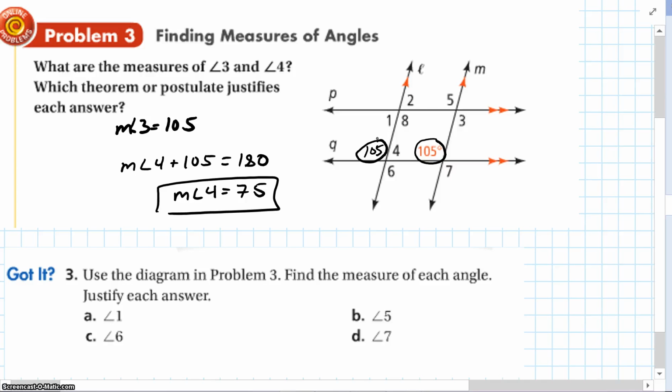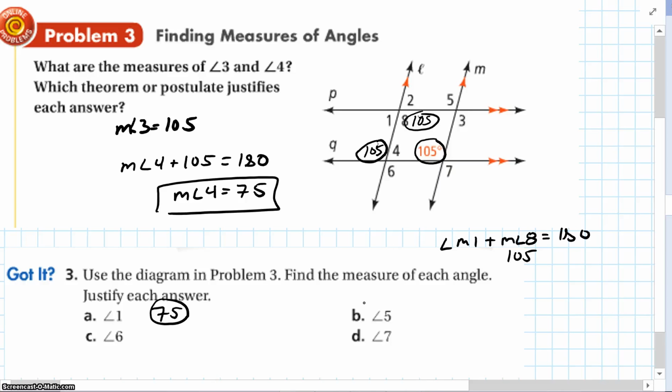We know alternate interior angles are congruent, so that must be 105. So the measure of angle 1 plus the measure of angle 8 must be equal to 180 because they're supplementary, so subtract the measure of angle 8, which we said was 105, from each side. So the measure of angle 1 must be 75.